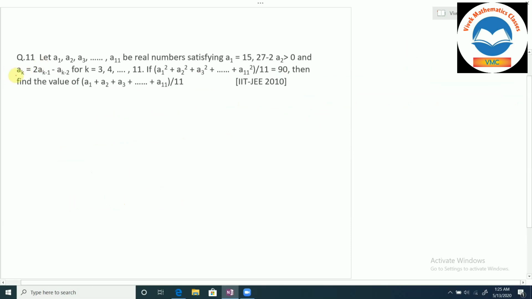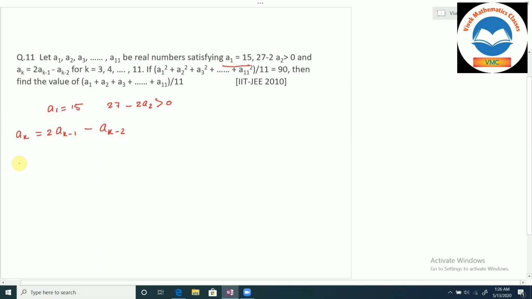This is an IIT question. Let A1, A2, A3 up to A11 be real numbers satisfying A1 equal to 15, and one more thing they have given: 27 minus 2A2 should be a positive number, and AK will be equal to 2AK minus 1 minus AK minus 2.